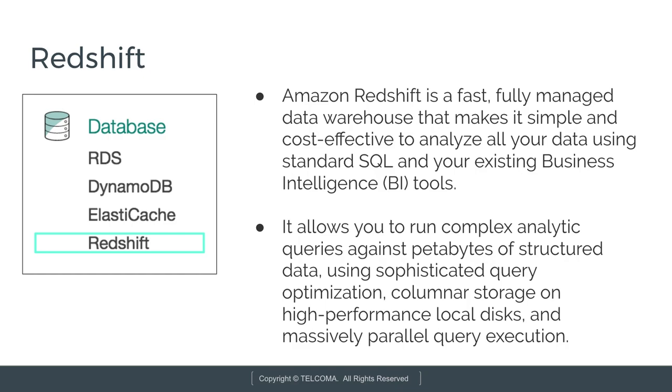It uses column-based storage technology that improves input-output efficiency, and it parallelizes queries across multiple nodes. Suppose we have multiple nodes, so it parallelizes various queries and makes simultaneous querying easy.